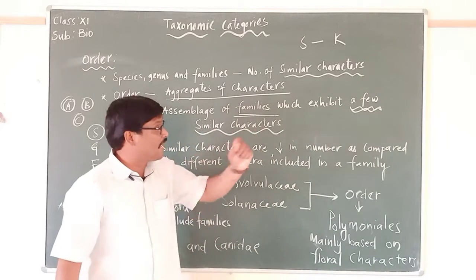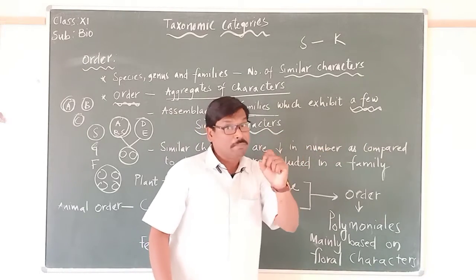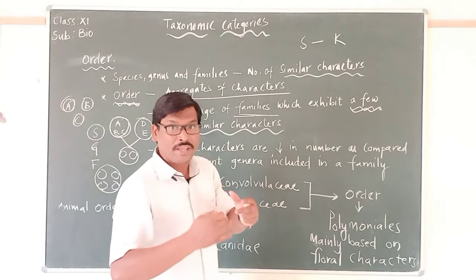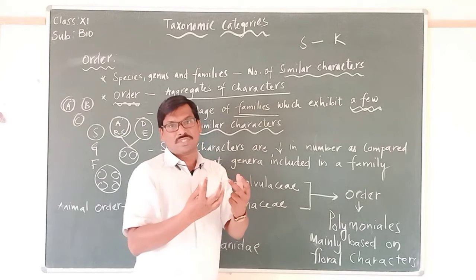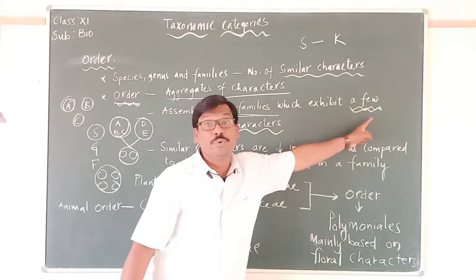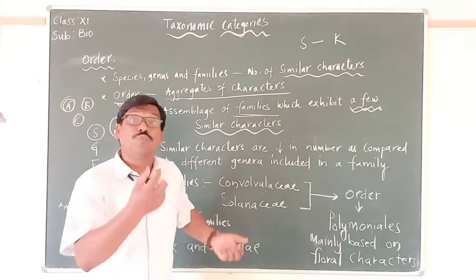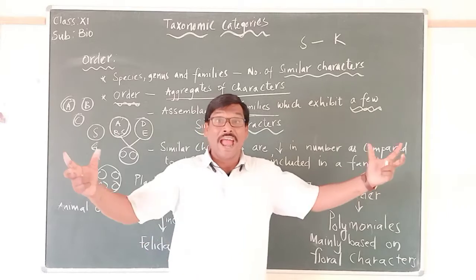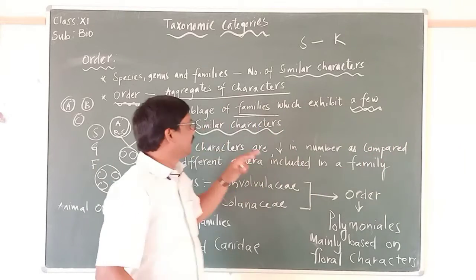What we have to remember is that the number of characteristics is decreasing. That's why when we place organisms in the category called order, there will be very few similar characteristics. We have to identify those few similar characteristics and aggregate them into one category.